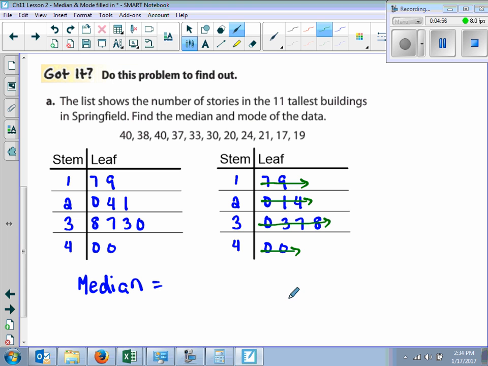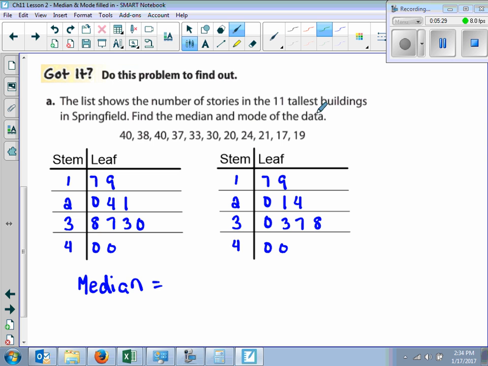You cannot snake through and read it like this, okay? Because if you look here, that would be 17, 19, 24, 21, 20. You can see that those are not in order from least to greatest. So once again, you cannot snake through. You have to read each row from left to right.